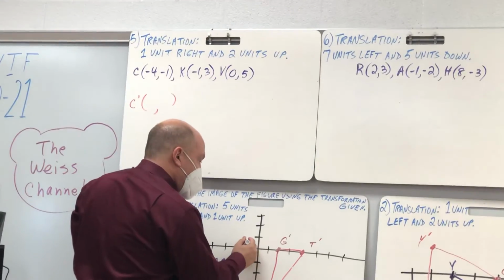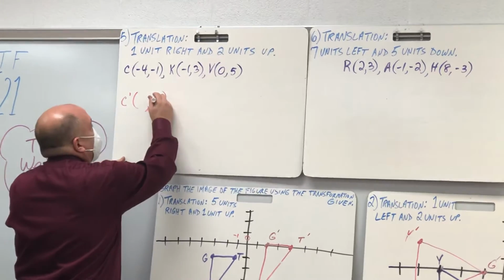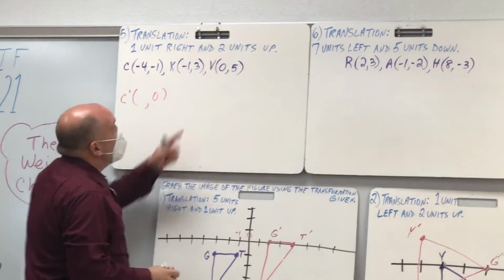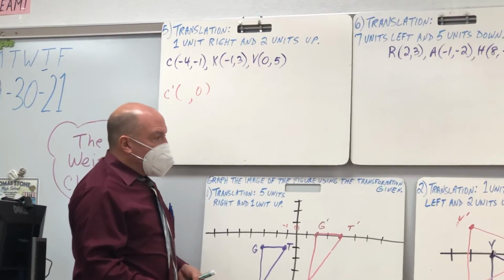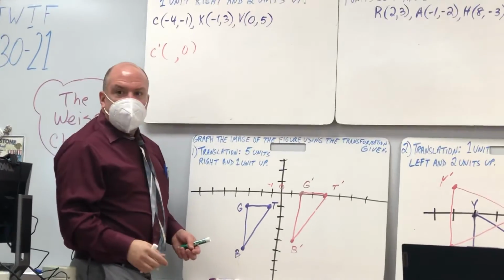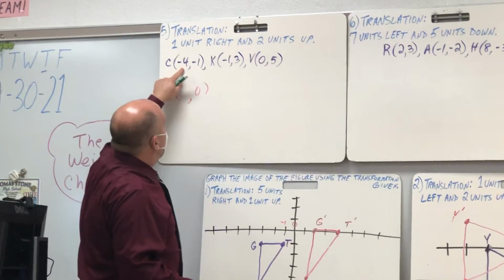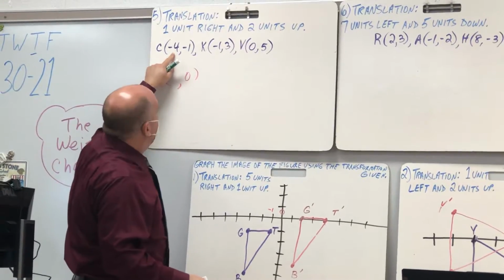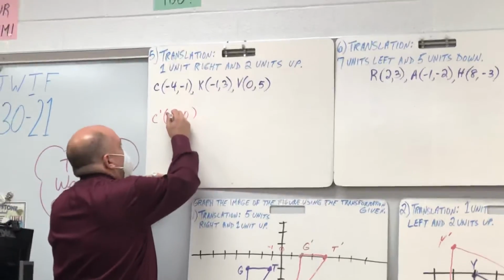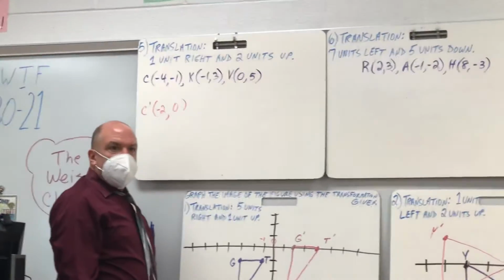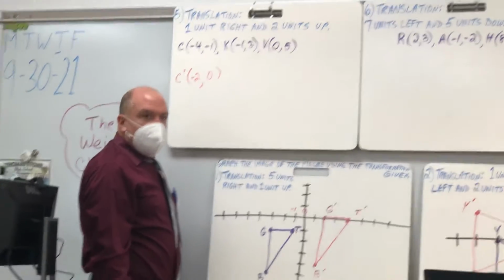If this is -1, 1 unit to the right would be 0. 2 units up, that's the x-axis, right? 2 units up. From -4, I'm going up. -2. Very good, Antoine. -4 to -2. All right?